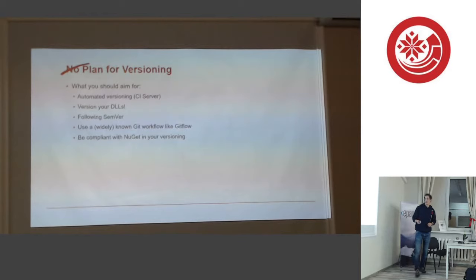And yeah, NuGet is a bit picky on the versioning, so while you're automating the process, you will probably hit some bumps there. You have to figure out that with NuGet, if you're doing pre-release versions, you cannot use more than something around 20 to 25 characters.